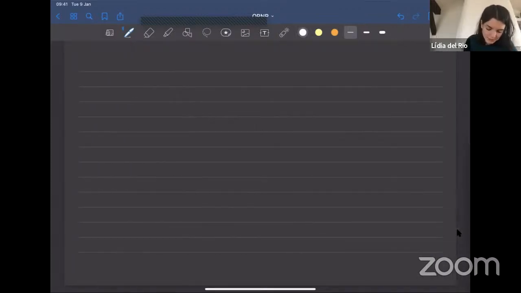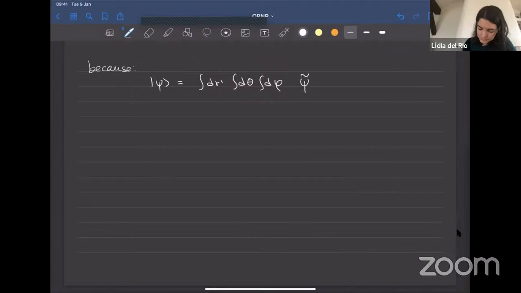So I'll just write here, we have the state psi, which you can expand like we saw. I just use a different letter here. D theta, D phi. Here's the wave function. Then we have these three kets, each on their own subsystem.